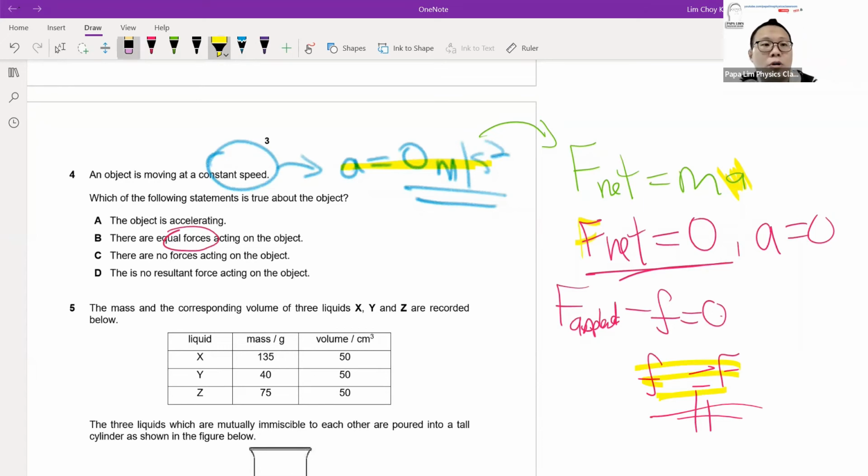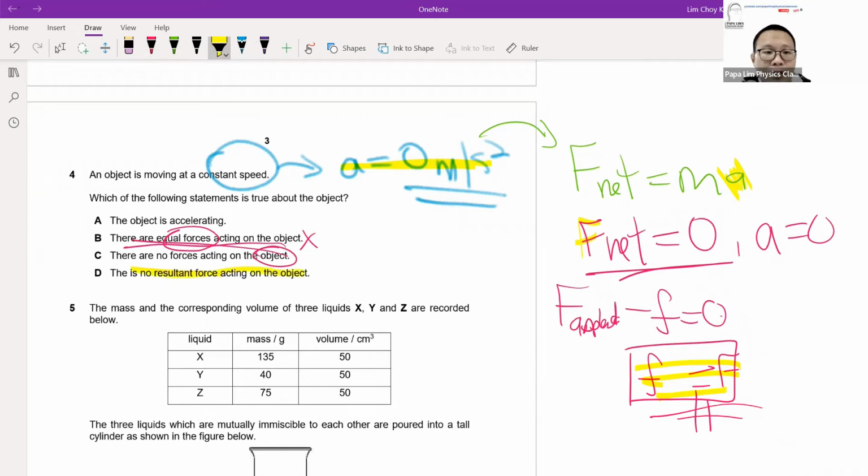So when we say there are equal forces acting on the object, this statement implies it is always true, but in fact this particular scenario is only true for certain assumptions. So this statement is wrong, it's not always true. And no forces acting on the object is wrong because it is no resultant force acting on the object.